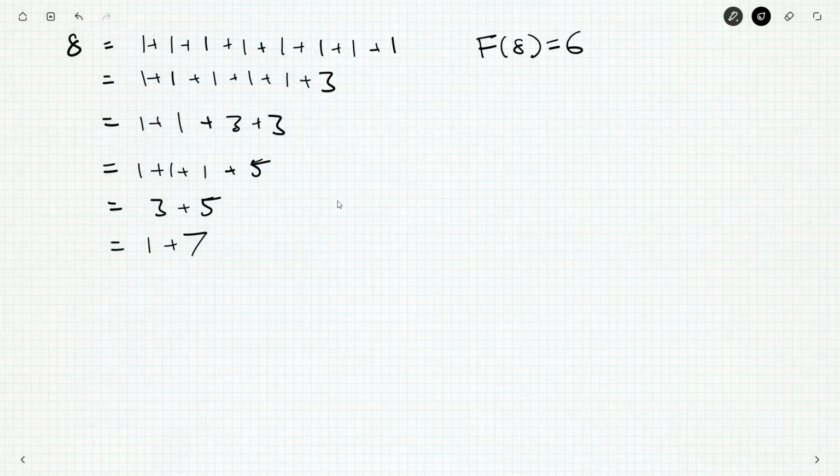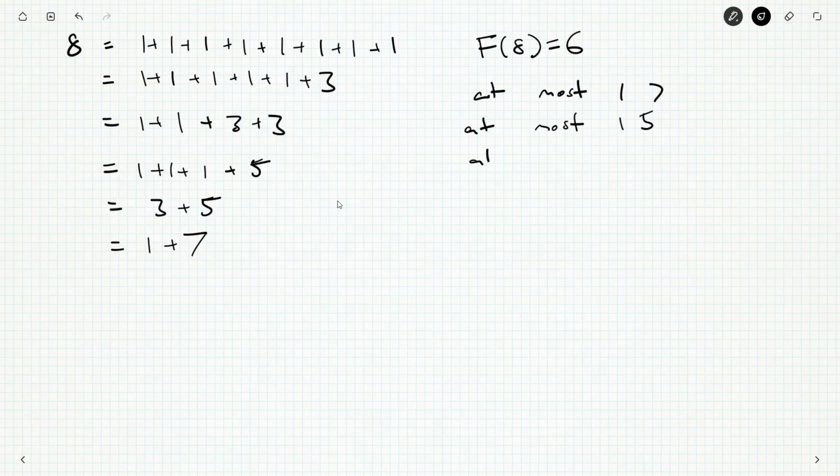Now, in terms of justifying that, I think if you explained what I just did and said this is my pattern, I mean, you can note things like at most one 7, at most one 5, at most two 3s. And I think if you were to make some observations like that, you could also clarify it.